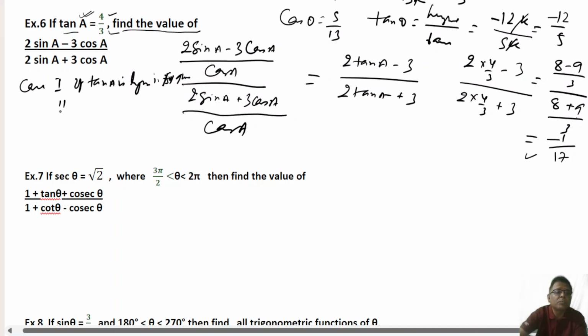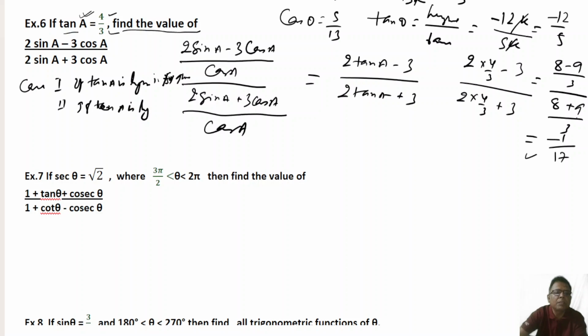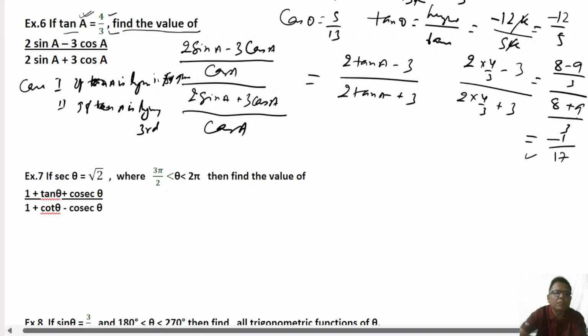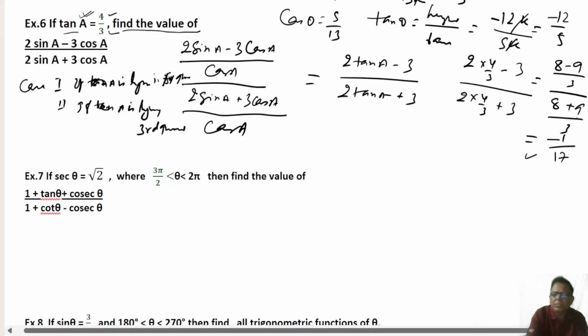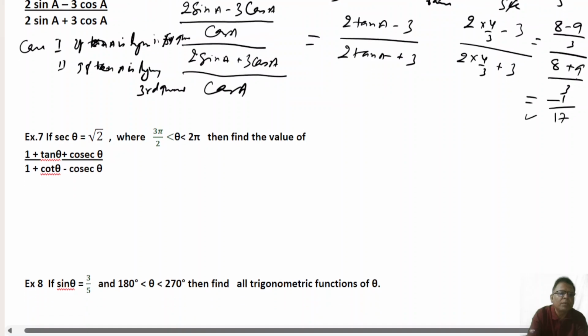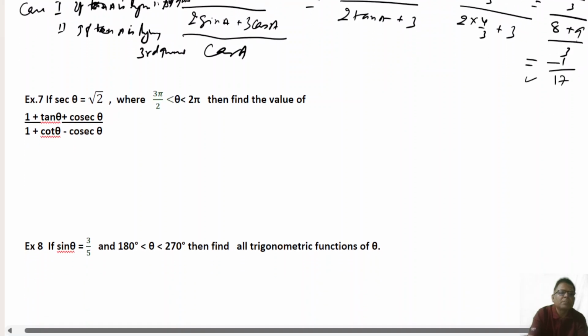Case 2, if angle A is lying in the third quadrant, then both ways you take negative. So that way also you can calculate and the answer will be the same. In both cases, you will get the same answer. So that is not an issue. Or you can utilize the formula and do that.